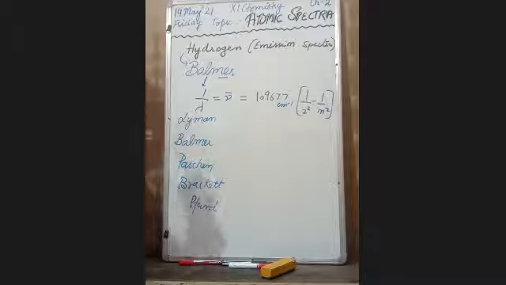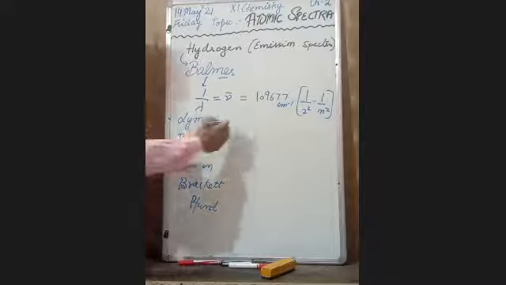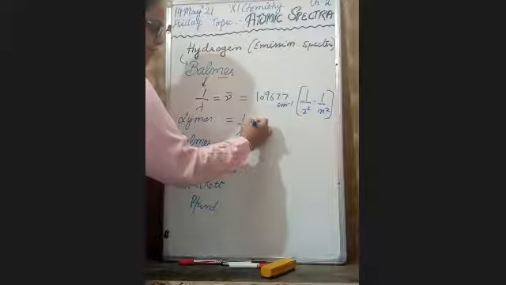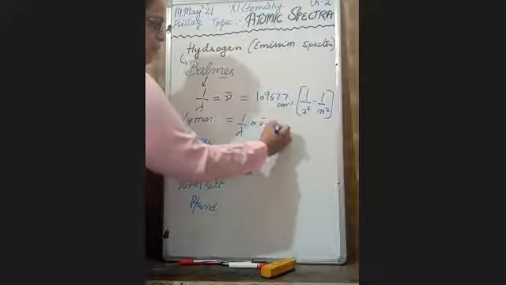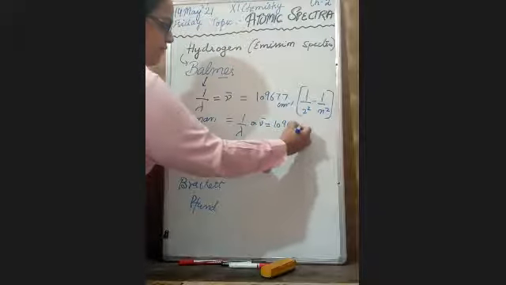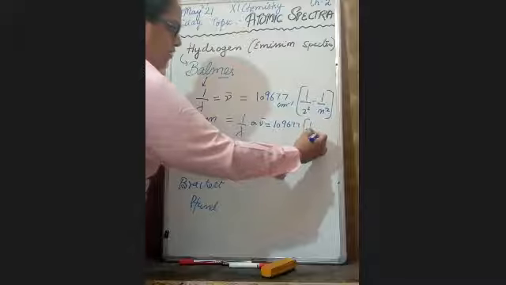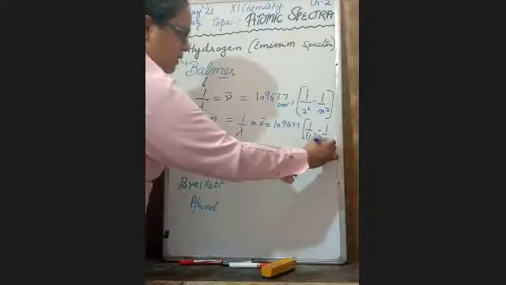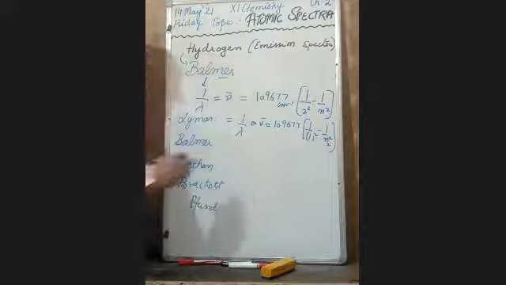But in our syllabus, we have to deal with these levels. So the Lyman series is according to this: wavelength or wave number is equal to 109677 times 1 over n1 squared minus 1 over n2 squared, with n1 equal to 1.